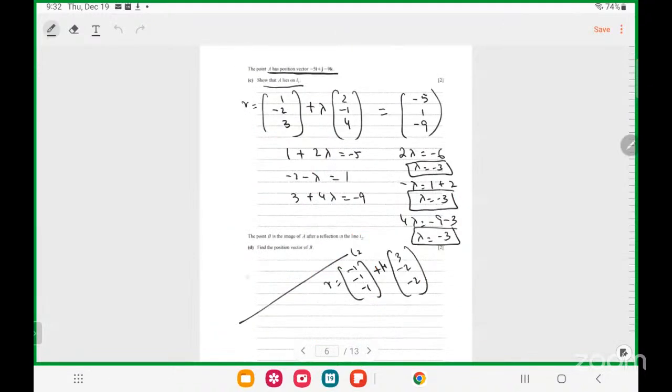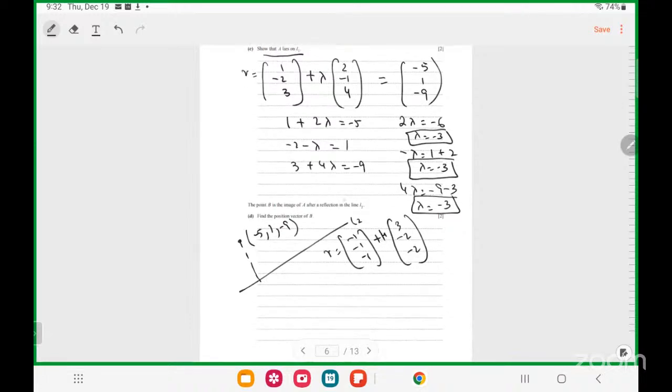And point A is (-5, 1, -9). If L2 is the line of reflection and this is point A and B is the image after reflection, तो एक तरीका इसको करने का ये है कि मैं ये पॉइंट ऑफ इंटरसेक्शन निकाल लूं. वंस ये पॉइंट ऑफ इंटरसेक्शन आ जाएगा, it will act as a midpoint. क्या आप सब मेरे साथ हैं? और B can be found accordingly.